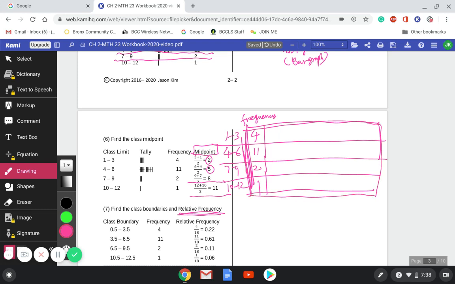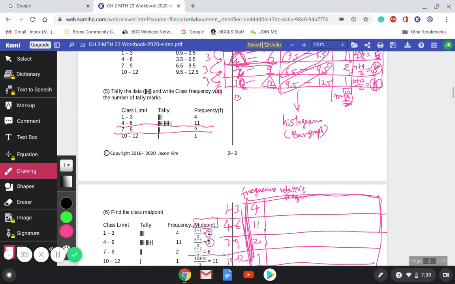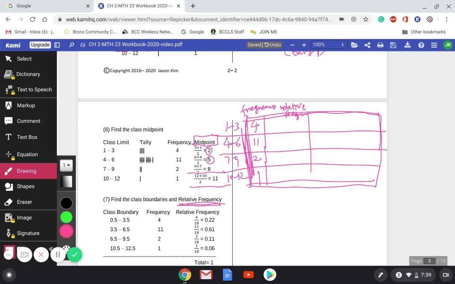And then how do you find out the relative frequency? Relative frequency is fractional, 1 out of total. So 4 out of 18, and this is 11 out of 18. This is 2 out of 18, and 1 out of 18 because total size was 18.